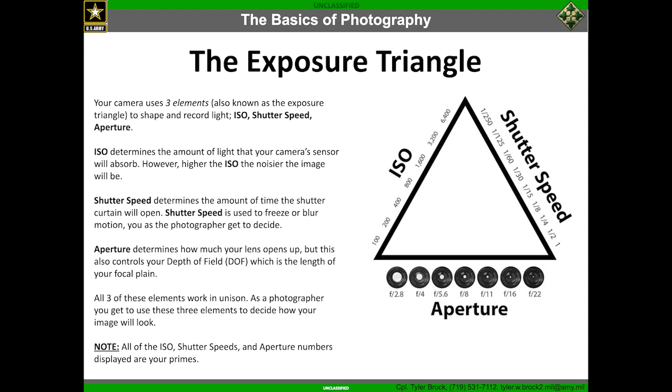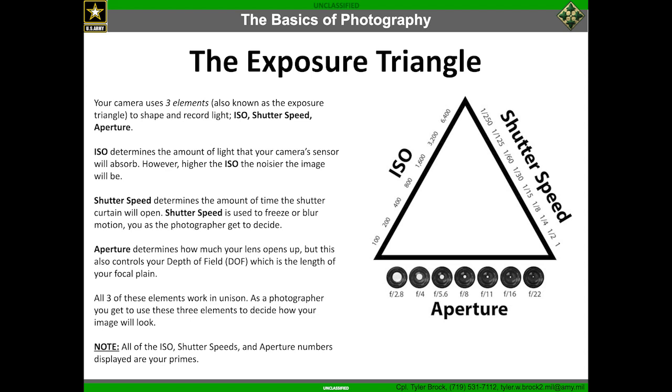So the faster your shutter speed is, the more likely you are to freeze motion, and the slower your shutter speed, the longer it's open, the blurrier your image is going to be, because it's capturing the motion of what's going on, if that makes sense at all. So that's shutter speed. And then you have aperture.